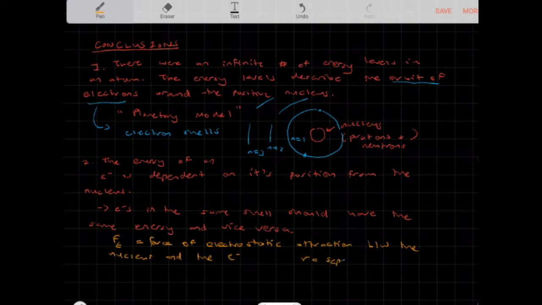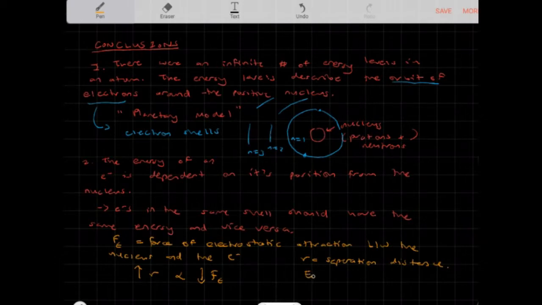I'm going to use r as my separation distance, not lambda. As the separation distance increases, then the force of electrostatic attraction decreases.